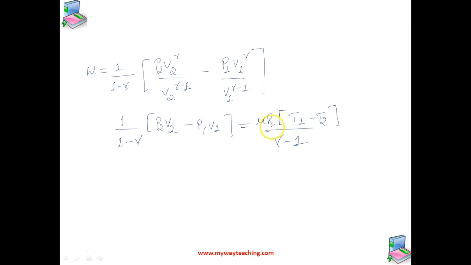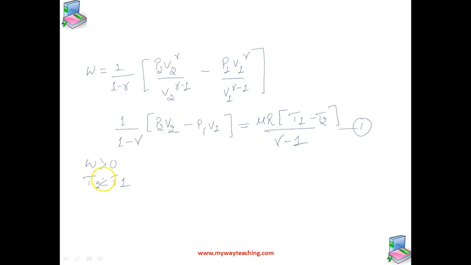So if work is done by the gas in an adiabatic process, that is W greater than 0, from equation 1 we can say that T2 is less than T1.